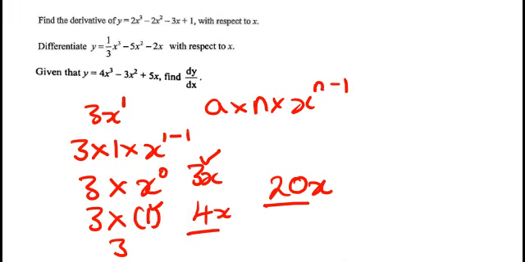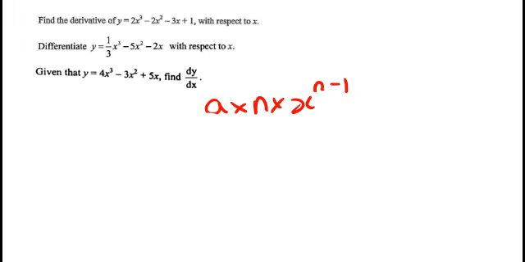Now, another explanation which I want you to understand is that when you have 1, remember this 1 is the same as 1 times x to the power 0. 1 is equal to 1 multiplied by x to the power 0.